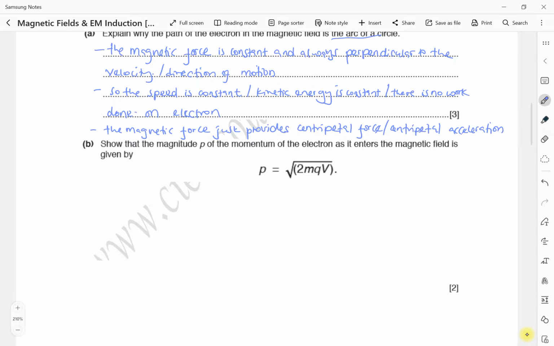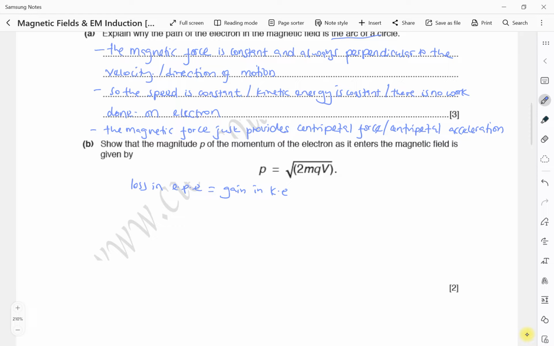Before it enters the magnetic field, it is accelerated through a potential difference V. So the loss in electric potential energy is equal to the gain in kinetic energy. That is before it enters the magnetic field.